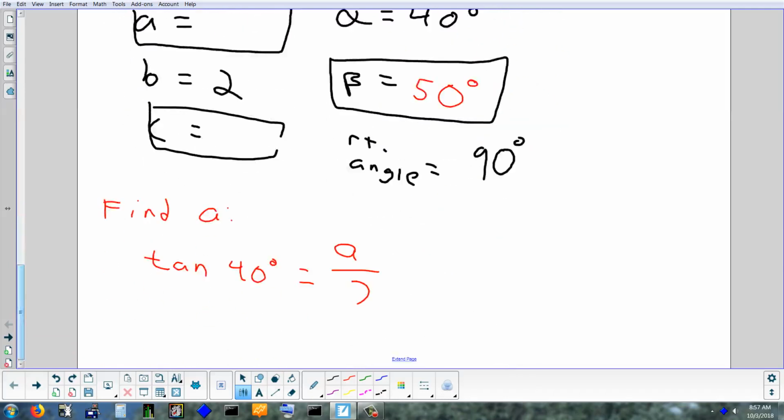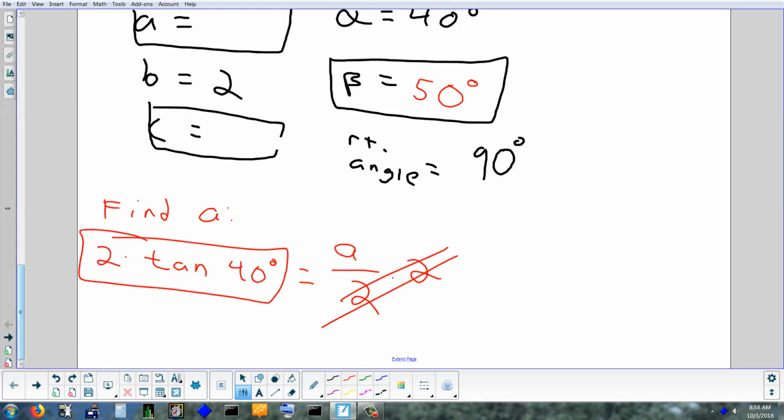And that's the equation I need to solve to figure out A. So how would I get A by itself there? Multiply by 2. Yep. Multiply each side by 2. We need to type that in on the calculator, but that's the answer for A: 2 times the tangent of 40.